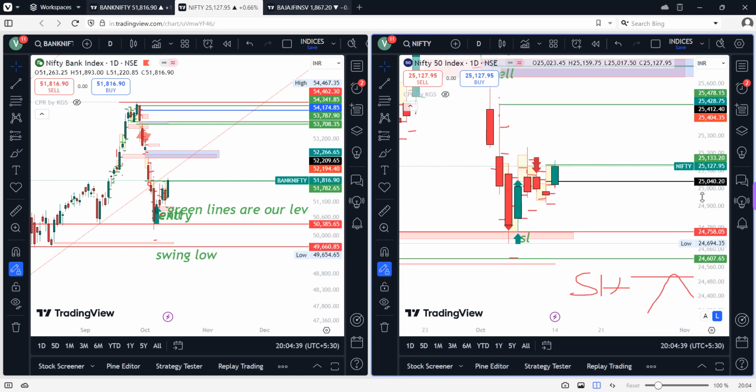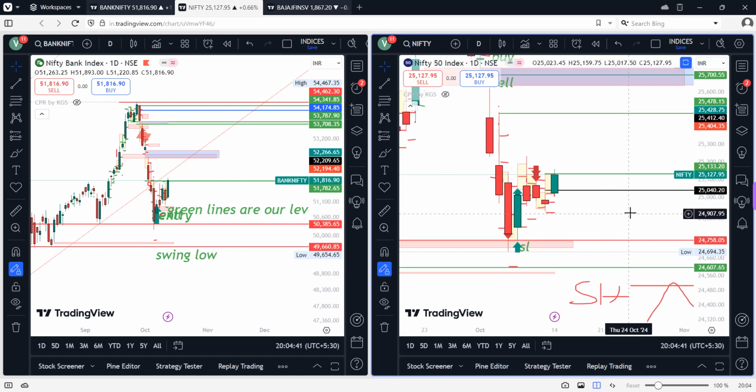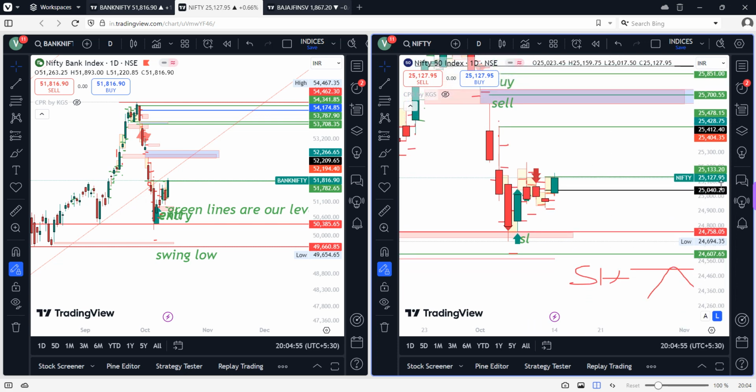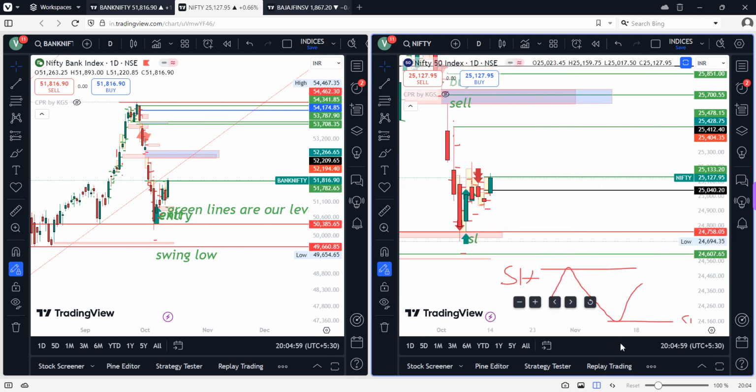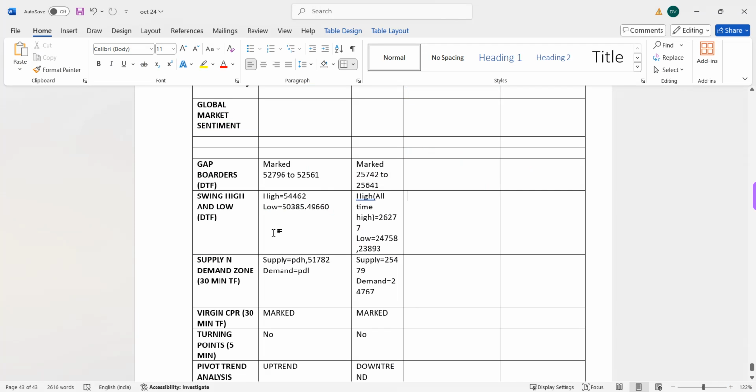By knowing this information, I have saved so many trades. If I didn't know about this swing low concept, maybe I would have entered a bad trade. In this way I have saved many trades. Hope you understand what swing high and swing low are.